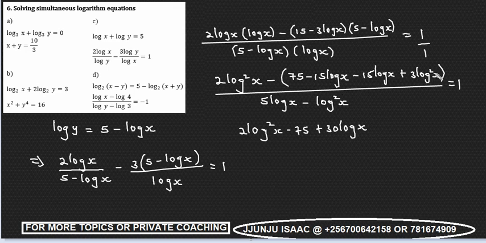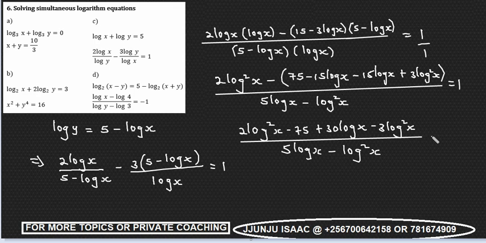Then we have 3 log squared x. This negative, make it a negative. So we shall have negative 3 log squared x over 5 log x minus log squared x equal to 1. So now let's multiply. Now here we have 2 log squared x minus 3 log squared x.